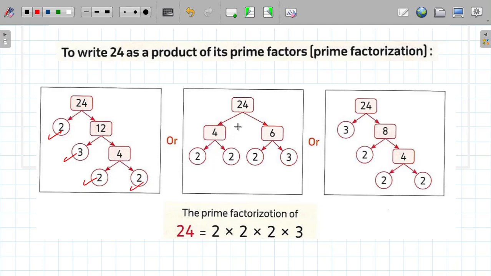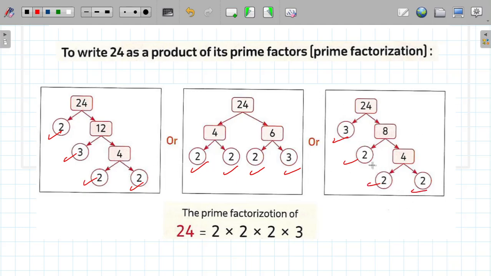Okay? Here, 24 equals 4 by 6. And 4 is 2 by 2. And 6 is 2 by 3. So the factors here will be 2, 2, 2, and 3. Okay? Next, I will factorize 24 as 3 by 8. And 8 is 2 by 4. And 4 is 2 by 2. So it will be 3 by 2 by 2 by 2.